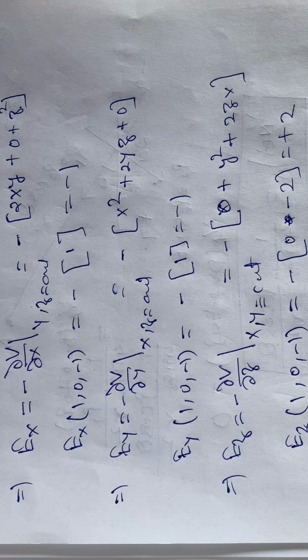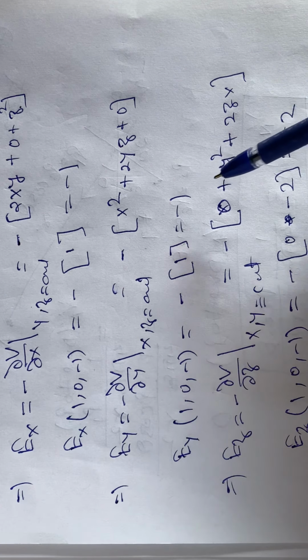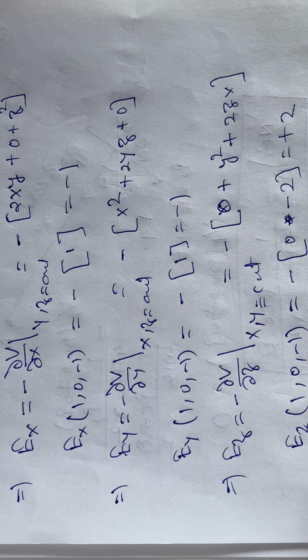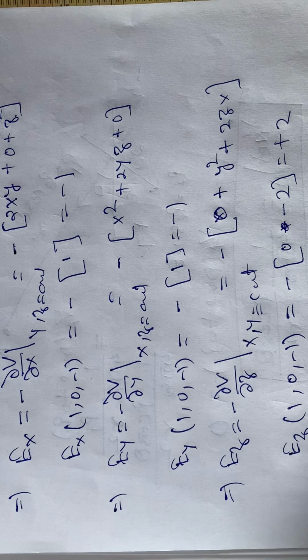So you see, electric field along x-axis comes out to be minus 1, along y-axis comes out to be minus 1, and along z-axis comes out to be 2. So we can write the electric field in vector form.